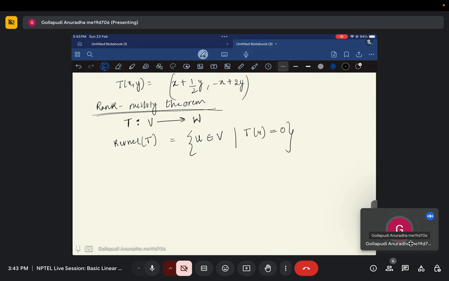The set of all such u is called the kernel.